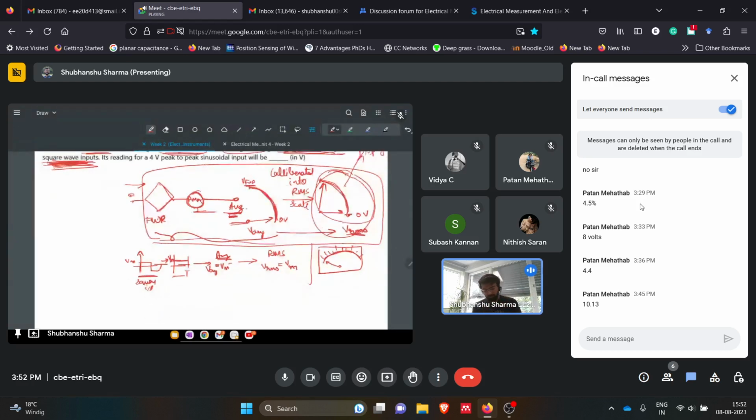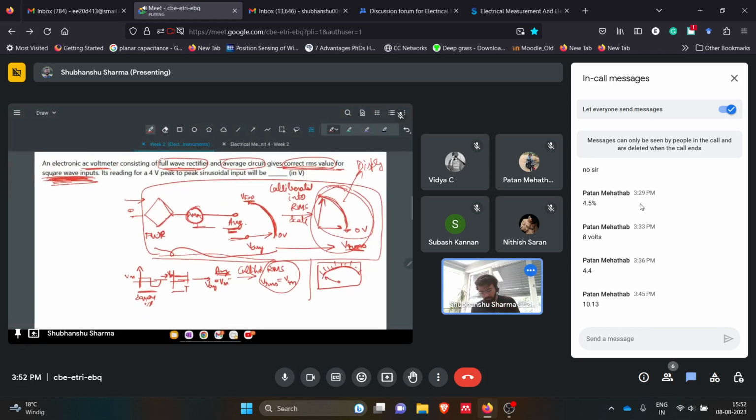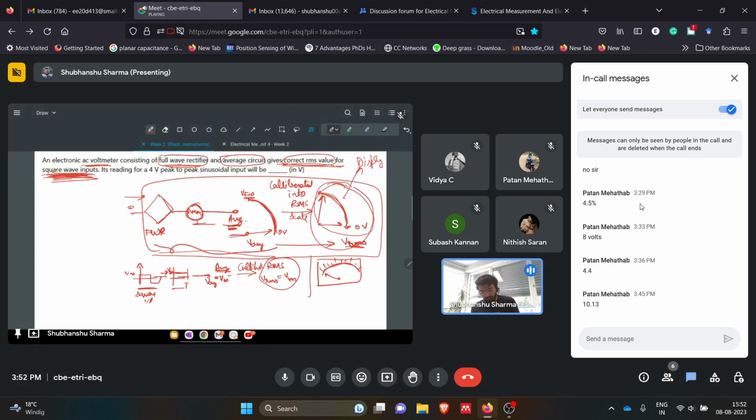So now this calibration part is done according to the square wave input. So if there was a square wave input into this meter, then the final output will be according to the RMS value of a square wave input.